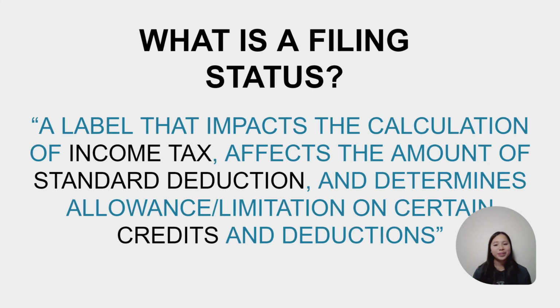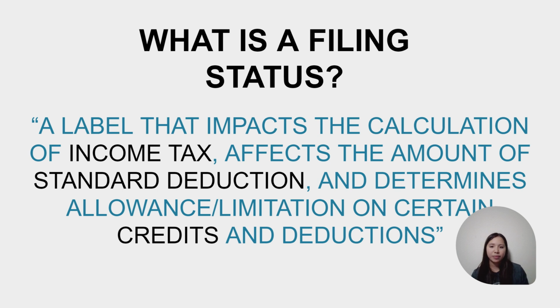So what is filing status? Filing status is basically a label that impacts the calculation of income tax. It affects the amount of standard deduction and determines the allowance/limitation on certain credits and deductions. I use the term bracket, as in it will segment you into different allowances of tax.